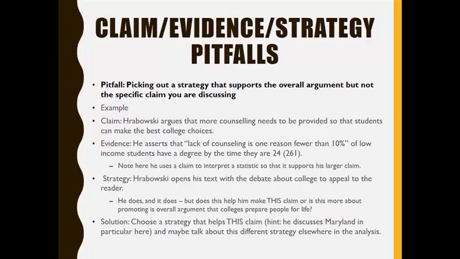Evidence: He asserts that lack of counseling is one reason fewer than 10% of low-income students have a degree by the time they are 24. Notice here that he is using a claim to interpret a statistic so that it supports his larger claim. That's fine. I just wanted to point out that this is evidence that is actually a claim as well.